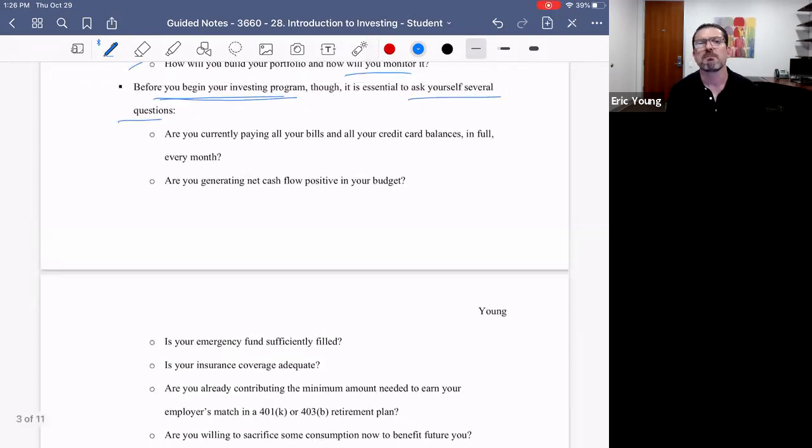Well, they're really tied to making sure that you have a sound financial base. The basic idea here is you have no business investing, with a few small exceptions, which we can discuss. But broadly, you have no business investing unless you've got a firm financial foundation. Right? How's that for alliteration? A firm financial foundation. Okay.